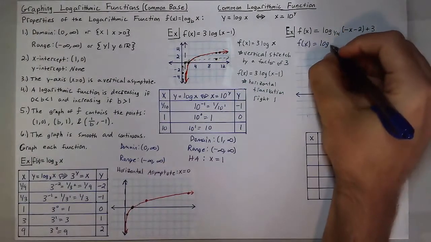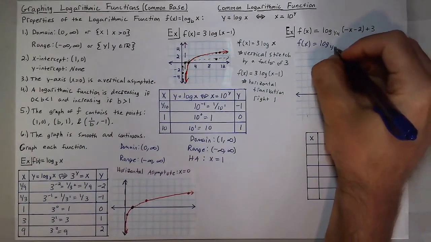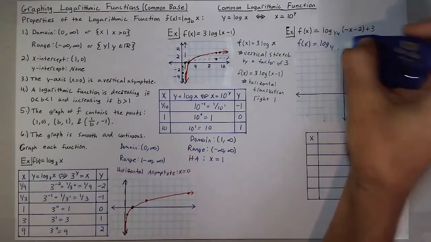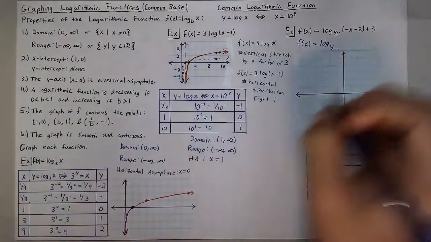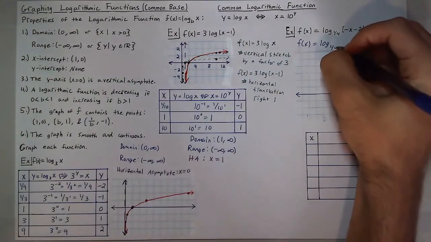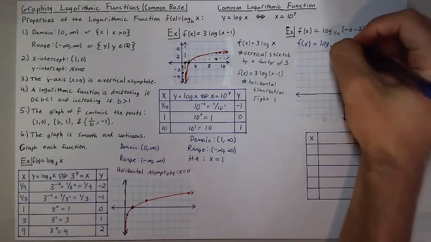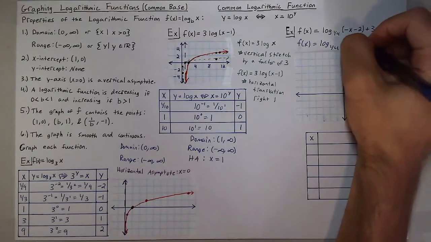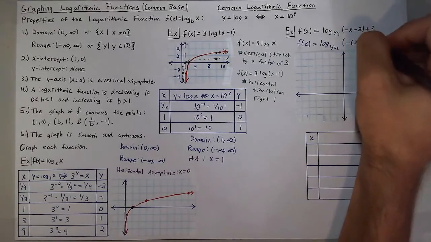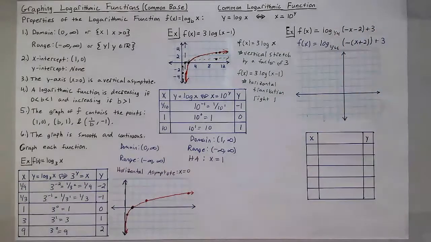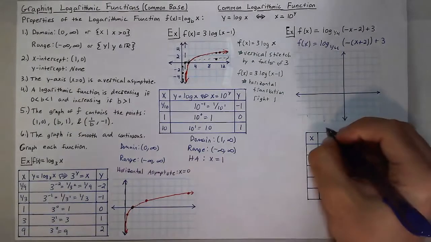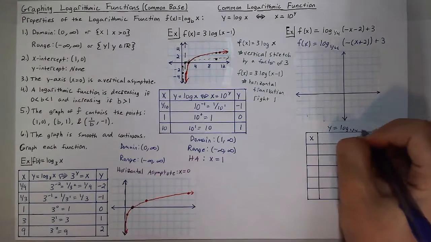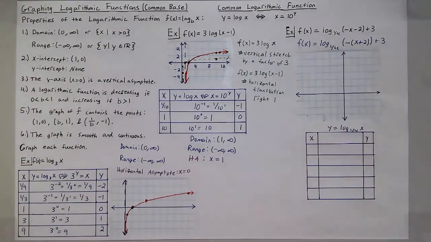But the key thing to notice here is I have a negative in front of that x, which I need to factor out of those two terms to see what my true horizontal translation is. And then I can continue forward. But I'm going to actually graph y is equal to log base 1/4 of x to solve this.